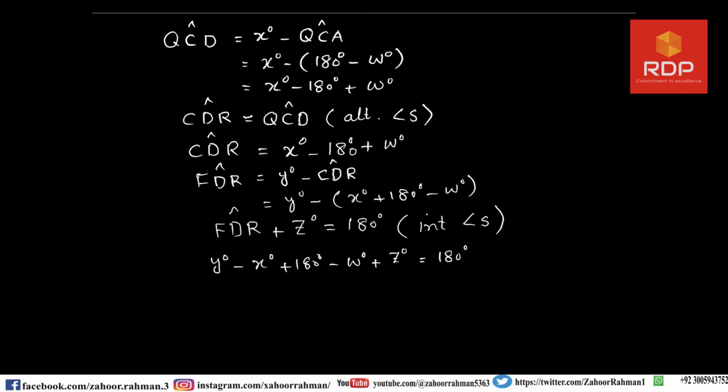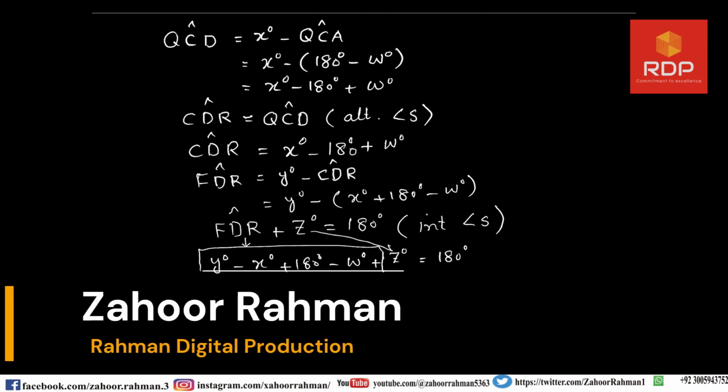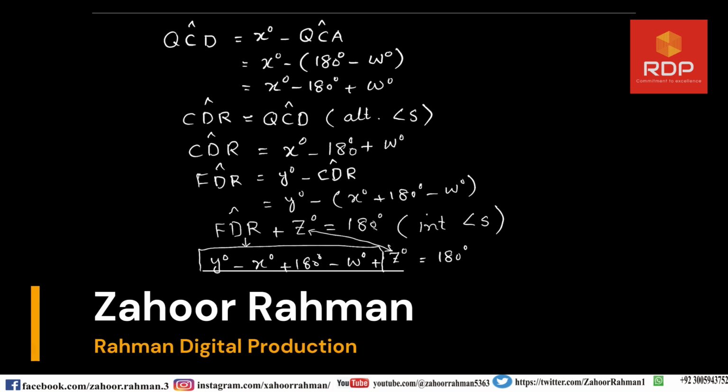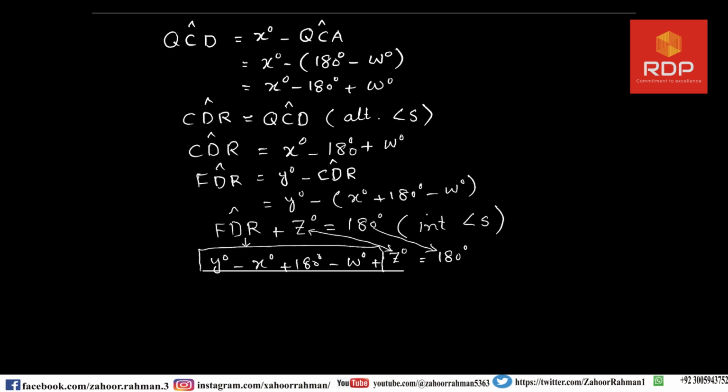We simply inserted the value of FDR, which is this area, and that z is coming on its way and 180 as well, from where we inserted this FDR. From here we inserted that FDR.